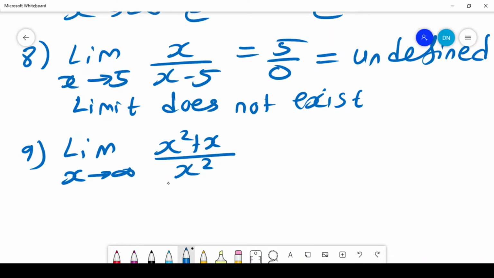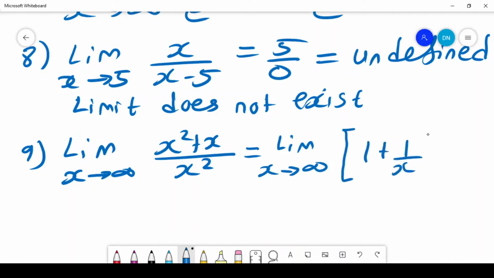So what I'll do is I'll be slightly clever, and I'll rewrite it in a different form. I'll write it as 1 plus 1 over x. And that takes me to 1 plus 1 over infinity. And that tells me that the limit for that would be equal to 1.